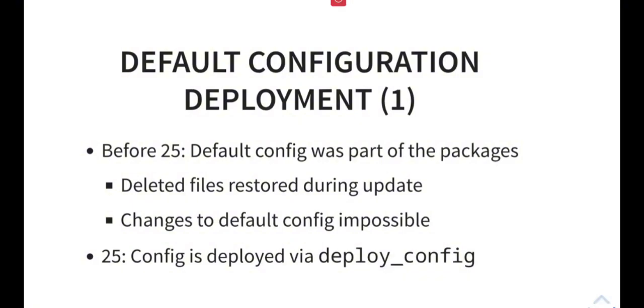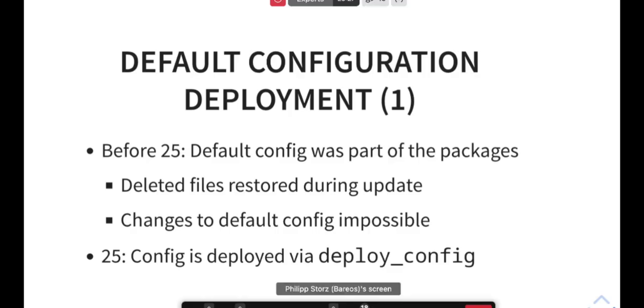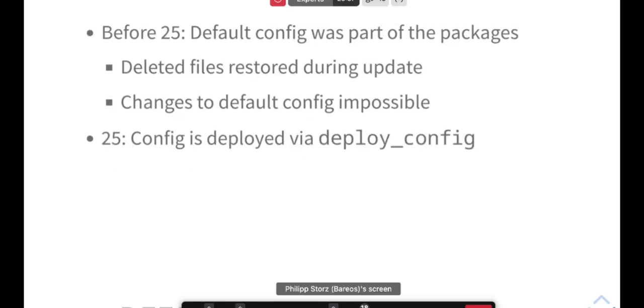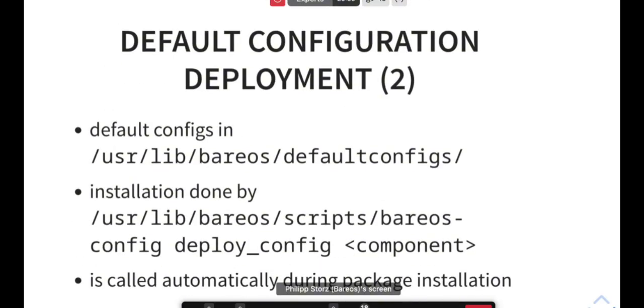So what did we do now? The configuration files are no longer part of the packages themselves, but after the package has been installed, the configuration is deployed afterwards via an install script. How does it work?